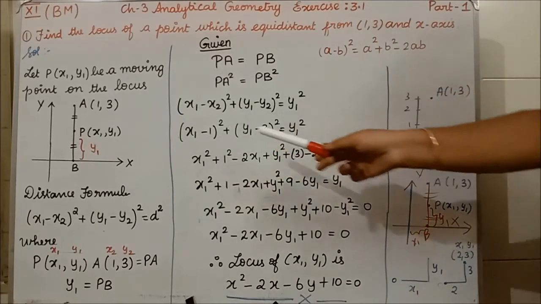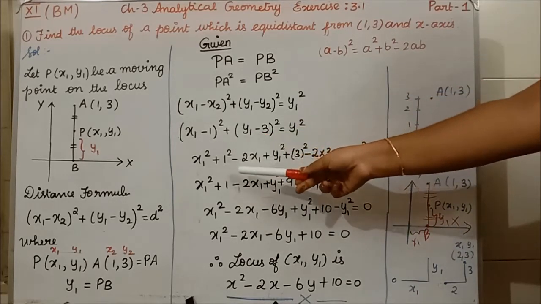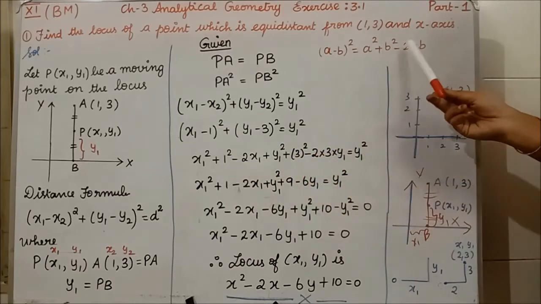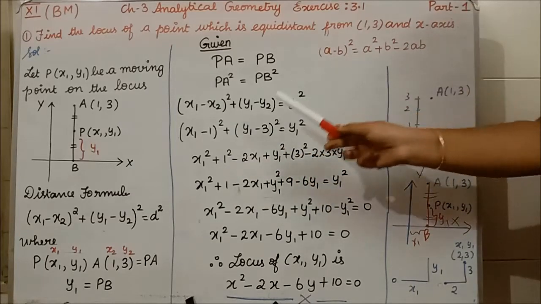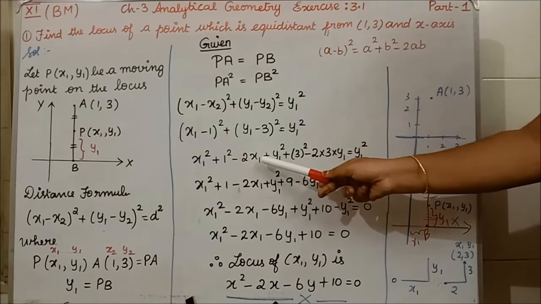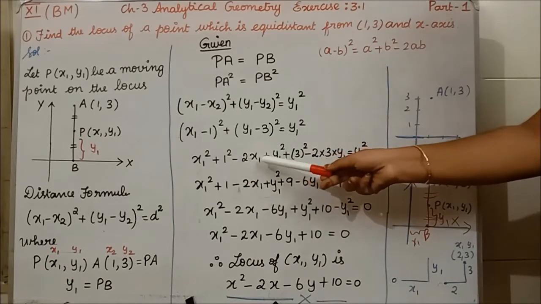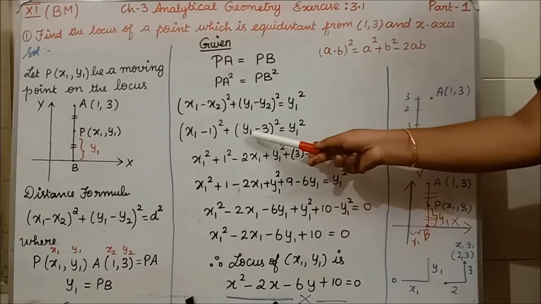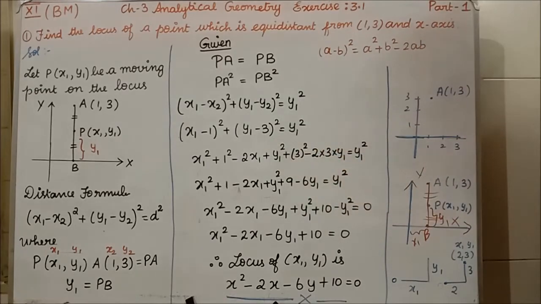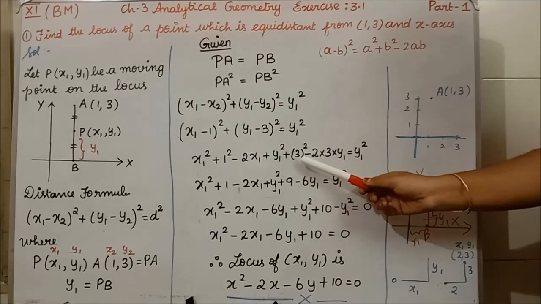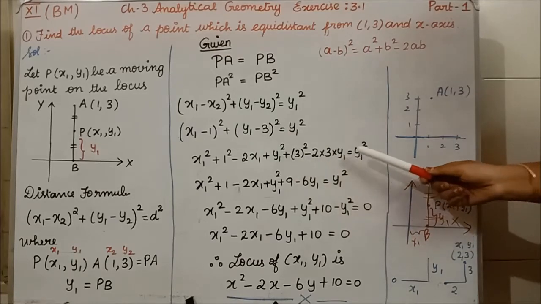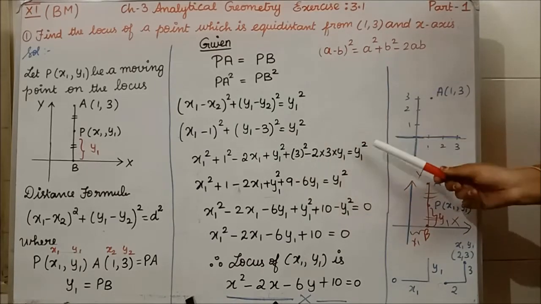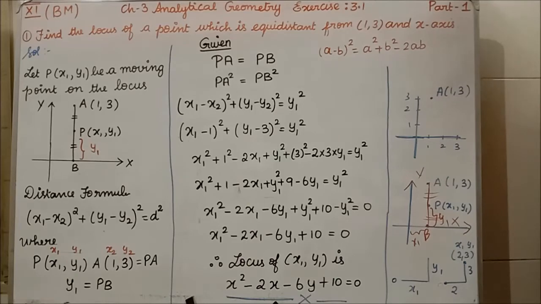B square means in the place of B, we are having 1, so 1 square, minus 2 into A into B. So 2 into A is x1, B is 1, so 2 into x1 into 1 is 2x1 only. Plus, this is again the A minus B the whole square formula, A square, this is B square, minus 2AB is equal to y1 square. Clear now, all of you?